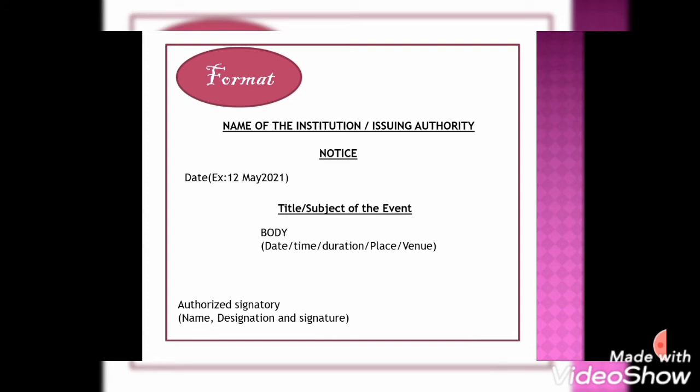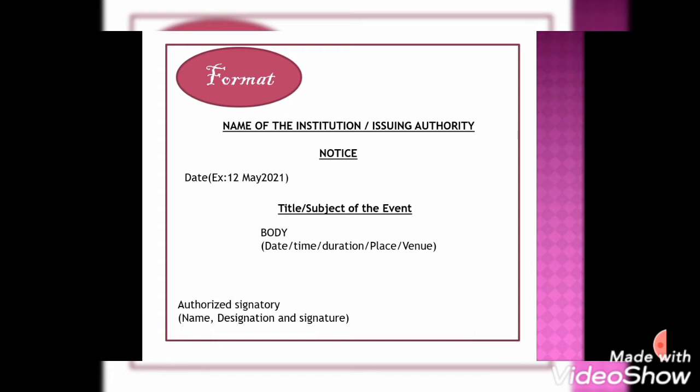Now, how should we write this? There is a short format for the notice. First of all, the important thing is that we should always keep the notice in a box. Okay? Now see, you can see the format here.